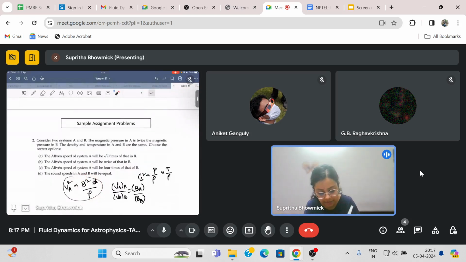So when I'm comparing the Alfven speeds in the two systems, I'll compare the magnetic fields in the two systems, right? Since the magnetic pressure in A is twice the magnetic pressure in B, and the magnetic pressure goes as B squared, the magnetic field in A is root 2 times the magnetic field in B. So the ratio of the magnetic fields in the two systems is going to be root 2.